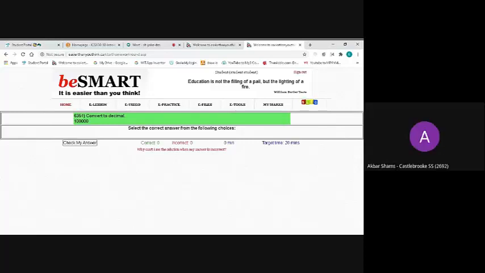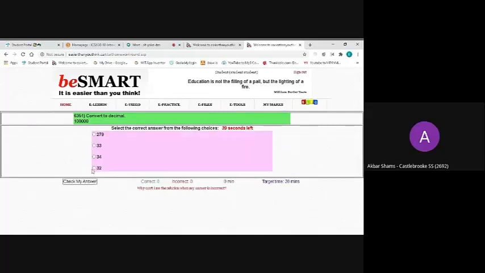No. I want you to do this one first, the one that you see on the screen. Convert 100000 to decimal. What do you get? 32. You got 32? Let's see. This is 1, this is 2, this is 4, this is 8, this is 16, 32. Excellent. Now, if I click on check answer, you can see 32 here.